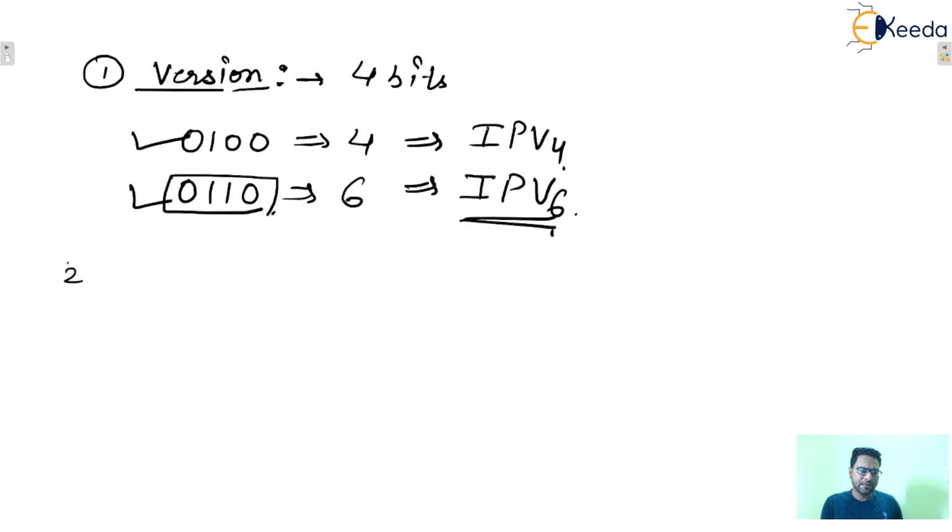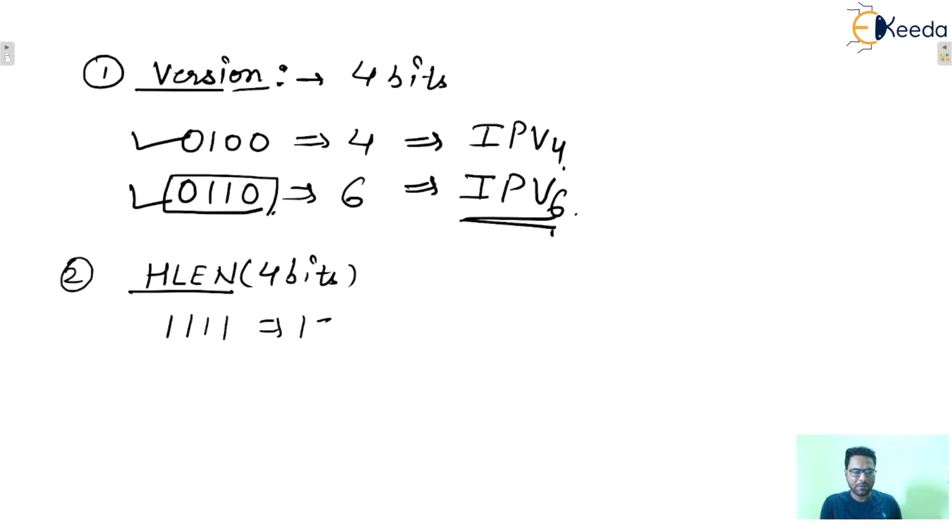Next one we can say is H length, header length. Header length is of 4 bits. So you can see the maximum value using 4 bits will be how much? That is 15. But you know your IPv4 header maximum size can be 60 bytes.